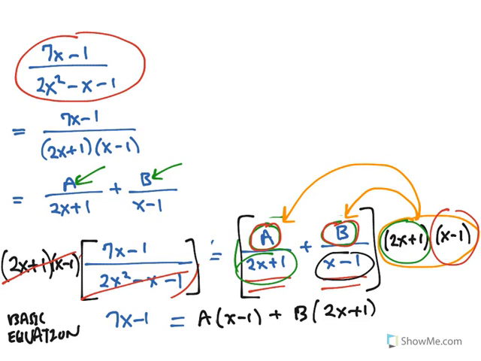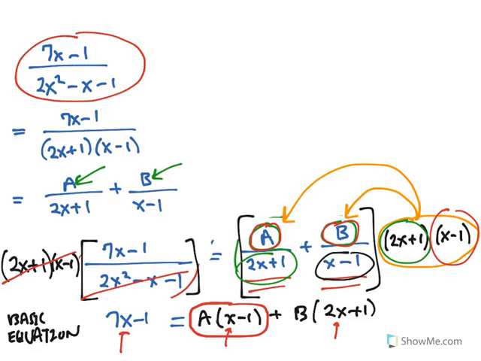And as we discussed, we assume that this is an identity and work backwards to solve for A and B. So assuming this is an identity, you can substitute any value for x, and the two sides would be equal. So to solve for A and B, you want to choose a value of x that would make one of the terms equal to 0.